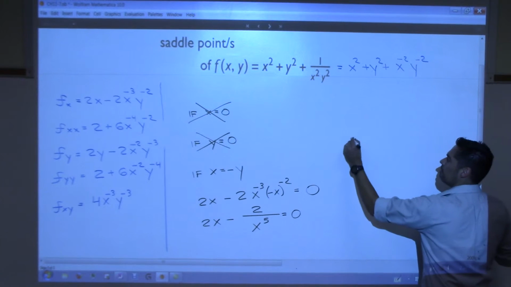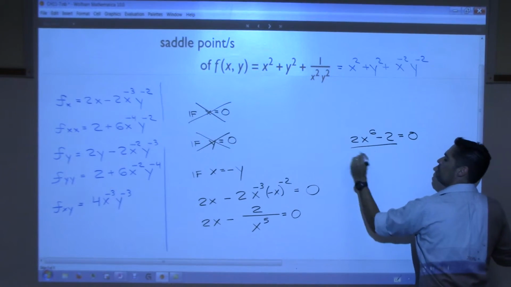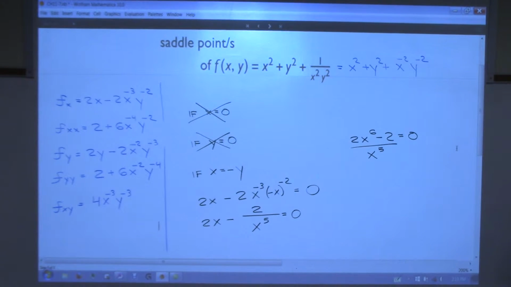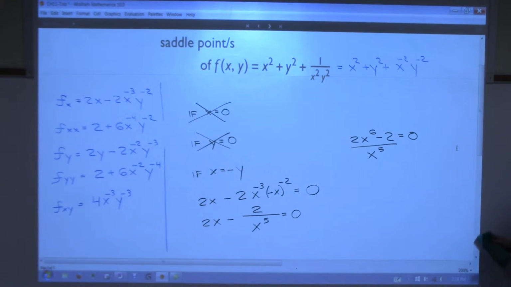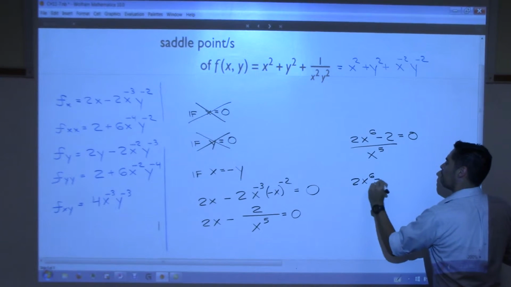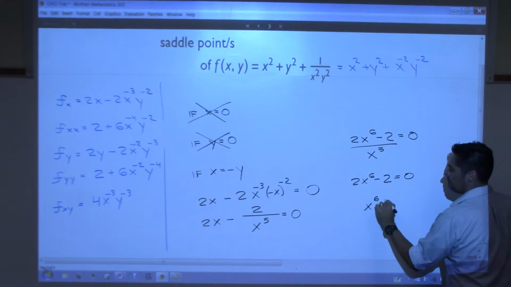Put those together. 2x to the 6th minus 2 equals 0 over x to the 5th. I'm getting a common denominator again, putting these two together. And that means the top has to be 0. And then x to the 6th must equal 1, right?